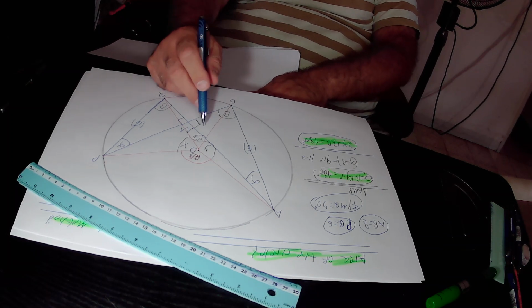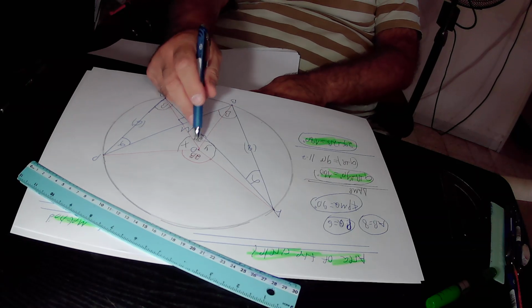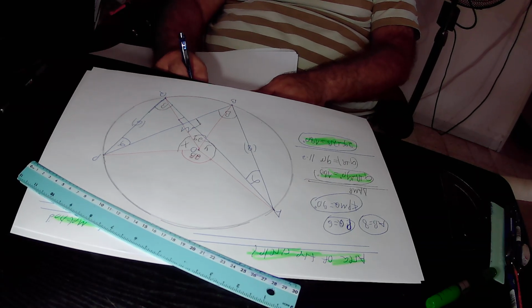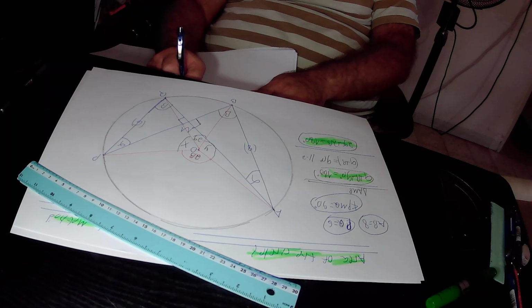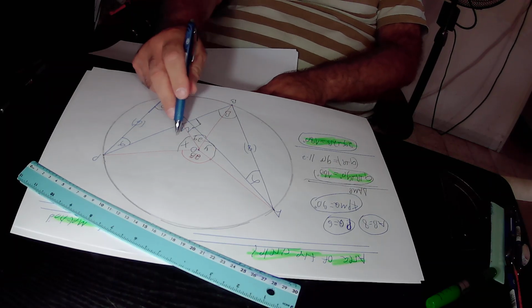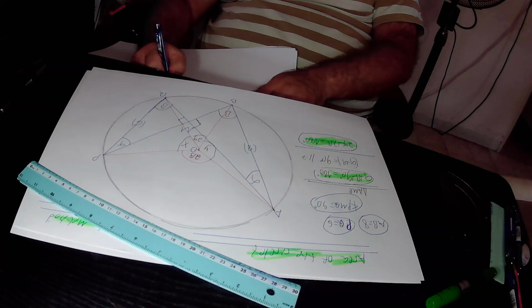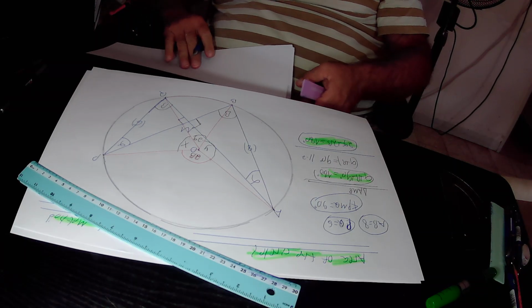We have this angle that is 2 alpha plus 2 beta plus x plus y. In total, the sum of those 4 angles must be equal to 360 degrees.